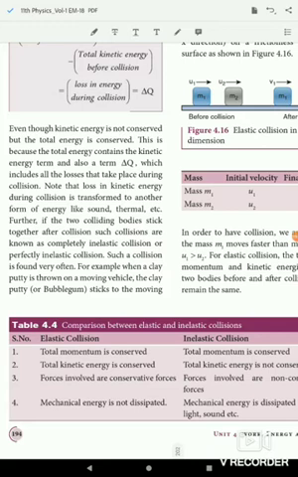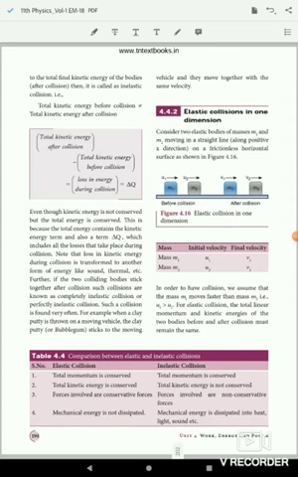In elastic collision, forces involved are conservative forces, but in the case of inelastic collision, forces involved are non-conservative forces. In elastic collision, mechanical energy is not dissipated, but in inelastic collision, mechanical energy is dissipated as light, sound, etc. Okay, do you understand this one?